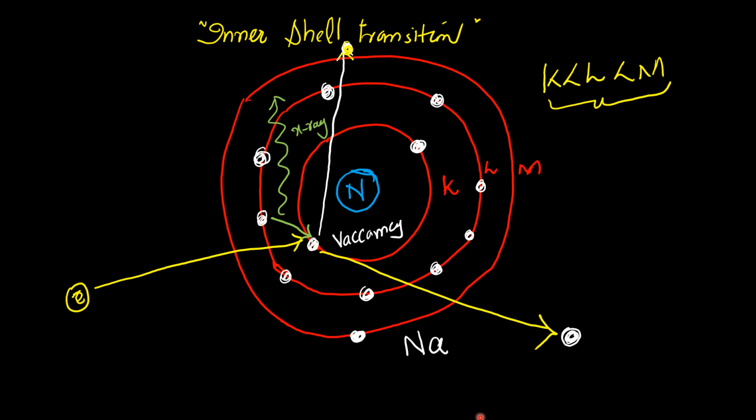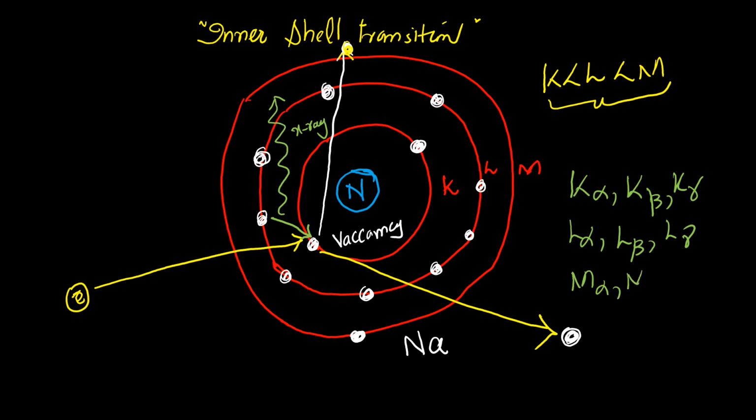So dear student, please keep in mind that there could be different types of characteristic X-rays produced due to inner shell transitions, and these are known as K alpha, K beta, K gamma, L alpha, L beta, L gamma, M alpha, M beta, M gamma, and so on.